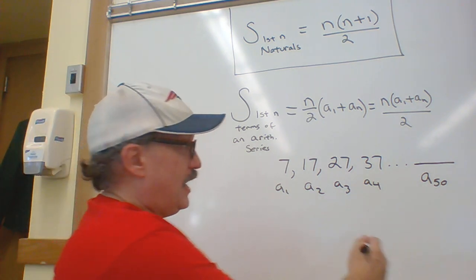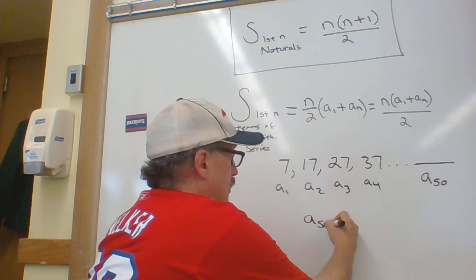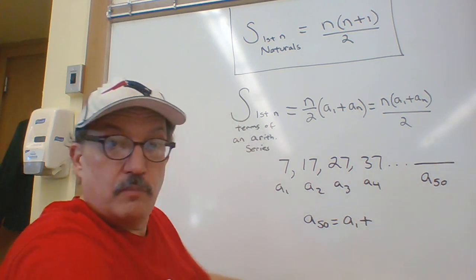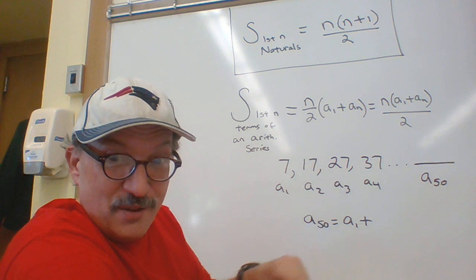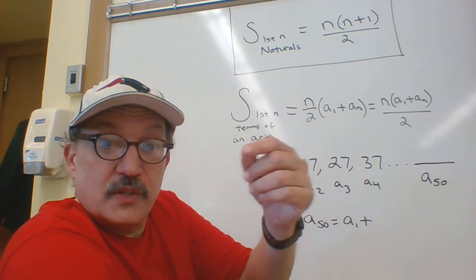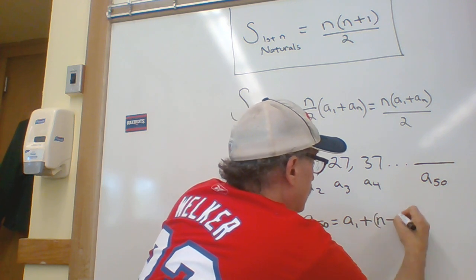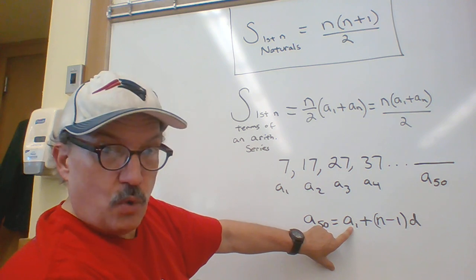Let's first find A sub 50. A sub 50 is going to be A sub 1 plus, and that formula is not on the board, that's from previous, but remember, it's n minus 1 times d. Now, the A sub 1 is 7.